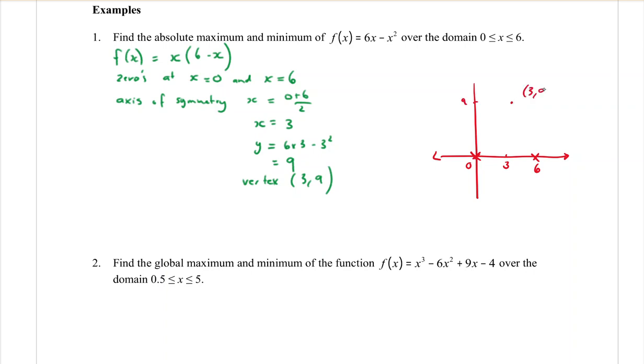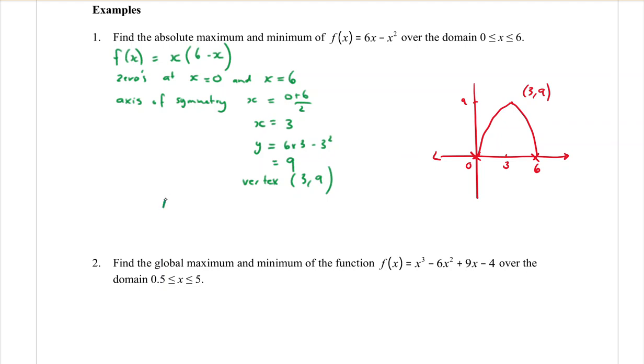So (3, 9). And my parabola is going to come down, and I'm just going to stop at those values because I only want to go between 0 and 6, according to the domain that I was given.